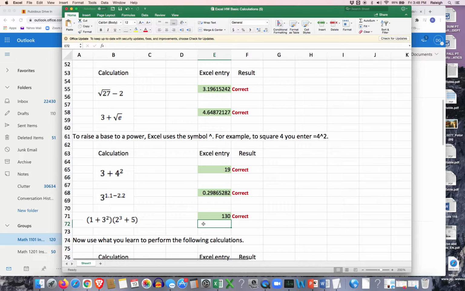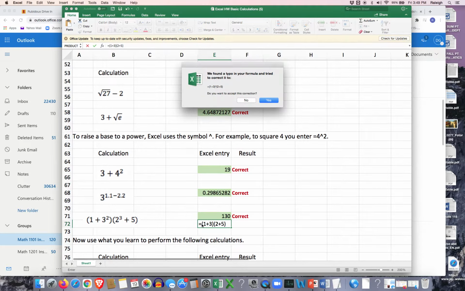But I'm interested in seeing what would happen if we typed in something else. Well, if we just typed in, say, 1 plus 3, and let's just forget about the squares. Let's just put them back to back to show you what people will make mistakes on. I'll put a little bit simpler problem, but now it's not going to understand you because we found a typo in your formula and tried to correct it.